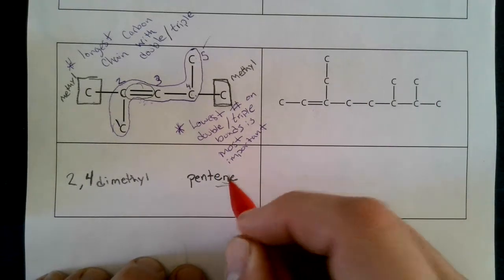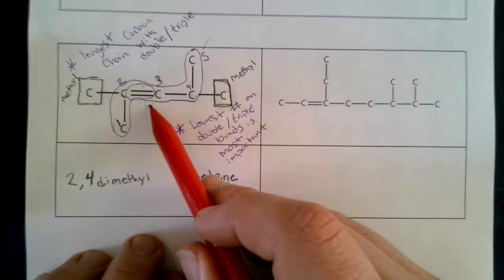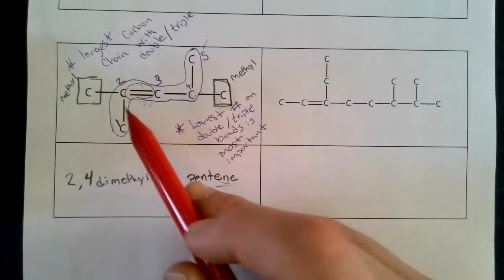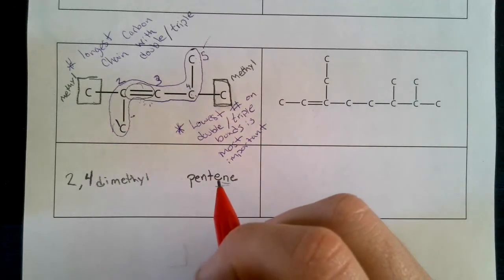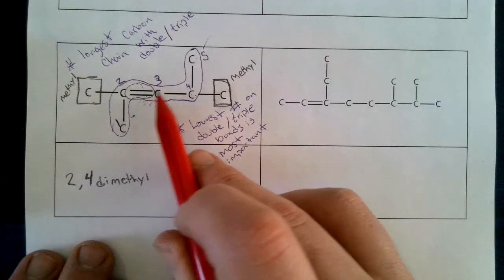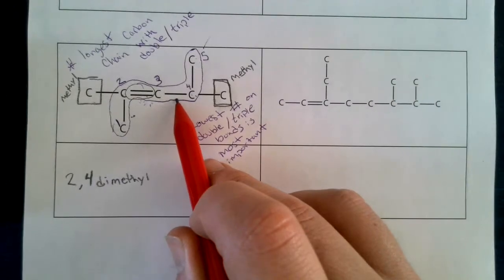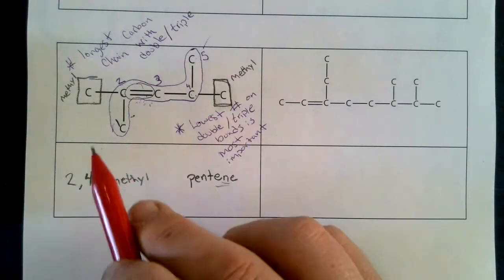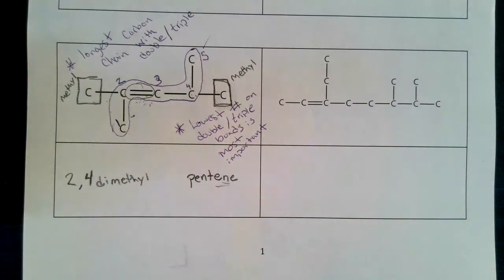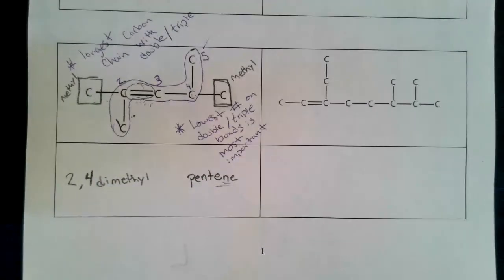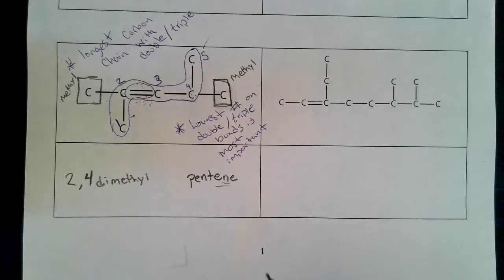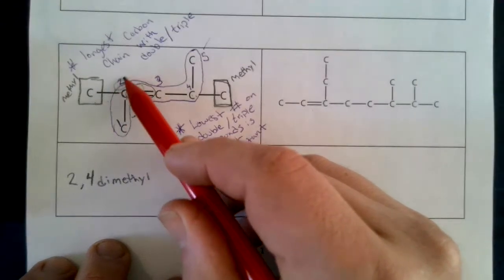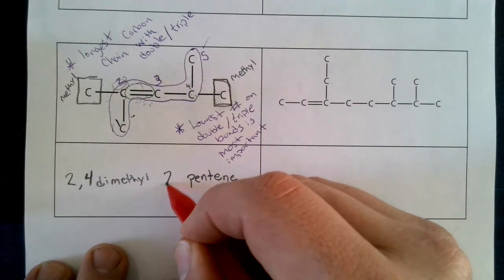This doesn't tell me where. If this double bond was moved to here, it would have completely different properties. If this double bond was moved to here, it would have a different name. If this double bond was moved to here, it would have completely different properties. So identifying where the double bond is important for that reason. And because the double bond comes after the second carbon, we put the 2.